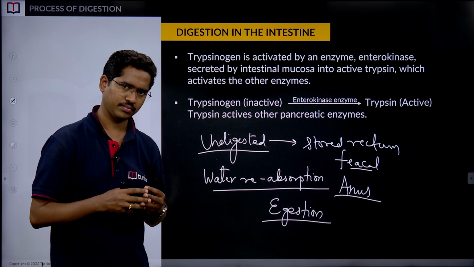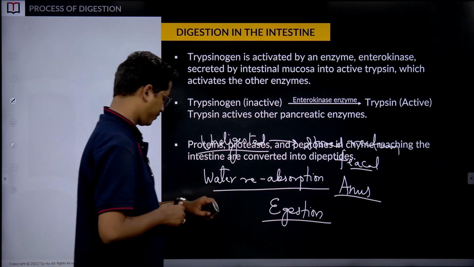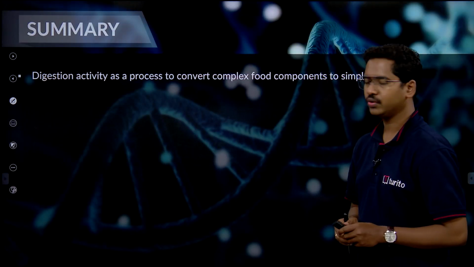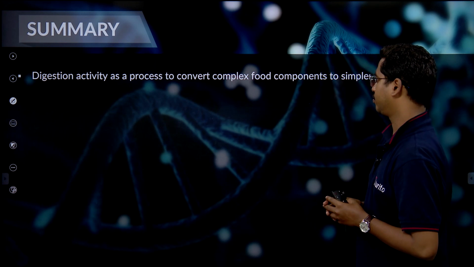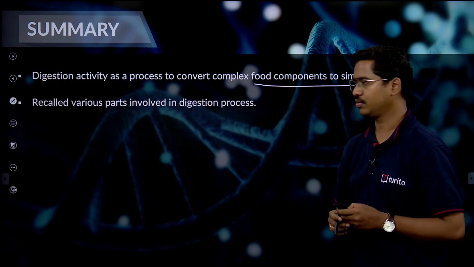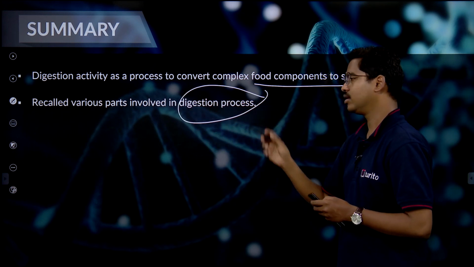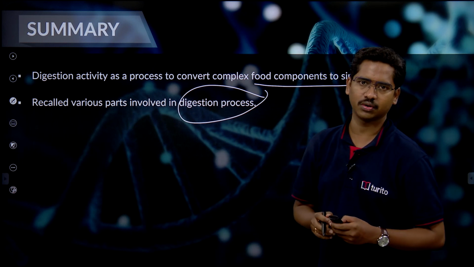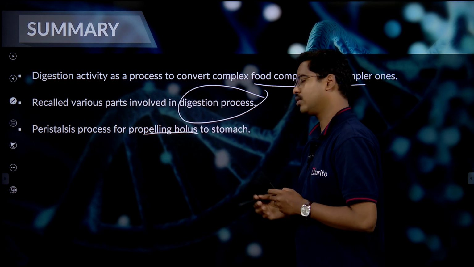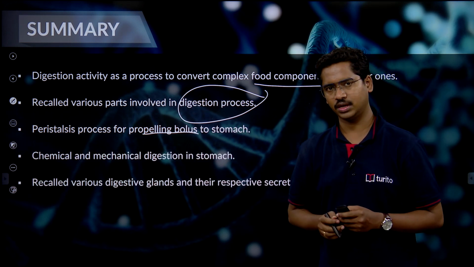So, hope you understood the session as a whole, and we will move forward to look into the summary. We looked at digestion as a process to convert complex food components into simpler ones, and we recalled the various parts involved in the digestion process. We used the digestive system image to recall that, following which we looked at the propelling of the bolus into the stomach through peristalsis.